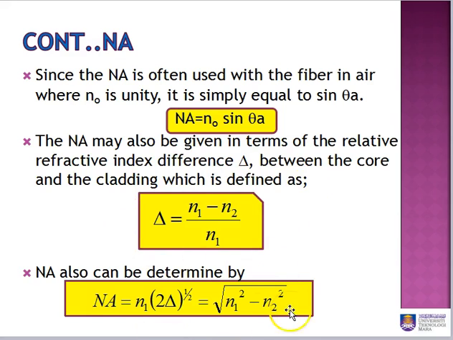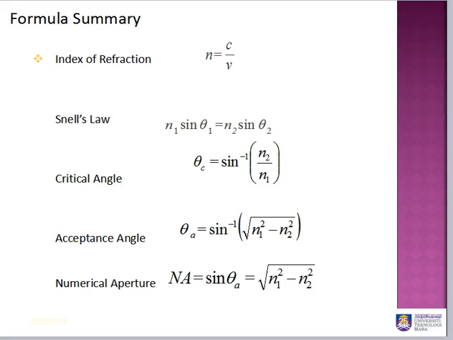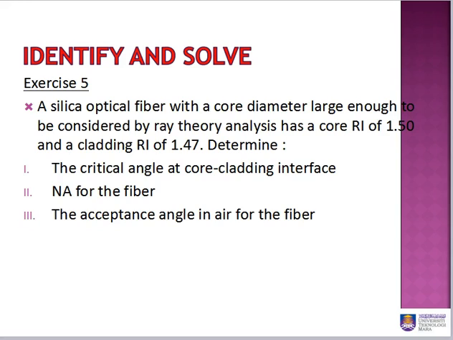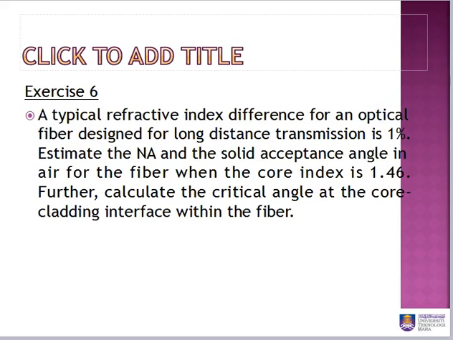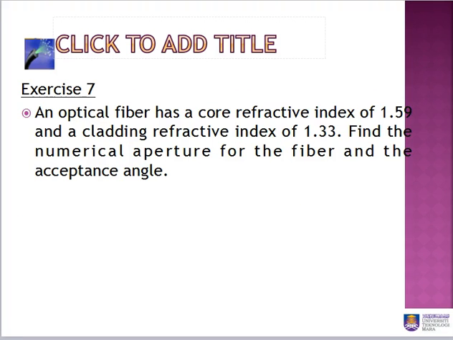NA also can be determined by this equation. So a few mathematical equations can be used to calculate the numerical aperture. These are some of the formula summary that we encountered so far. I want you to look into these exercises, and please do these exercises before you enter my class.